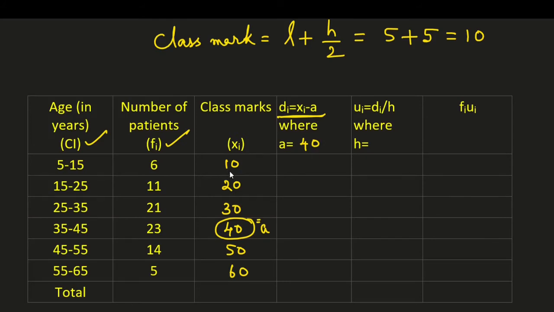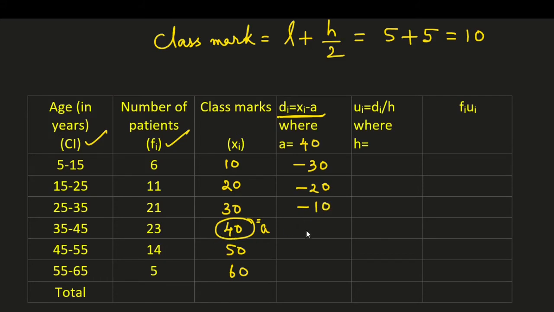First xi is 10, so 10 minus 40 is minus 30. 20 minus 40 is minus 20. 30 minus 40 is minus 10.